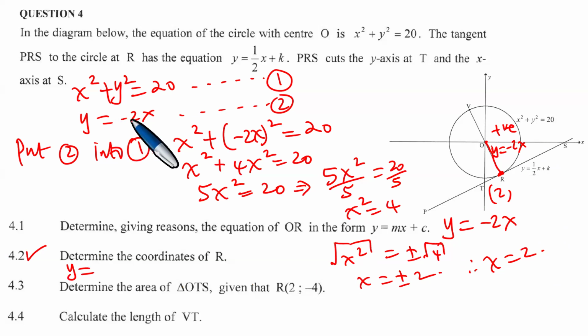Obviously we use one of the equations. So y equals minus 2x. X is 2. Minus 2 times that is minus 4. So the coordinates of R are 2 and minus 4.